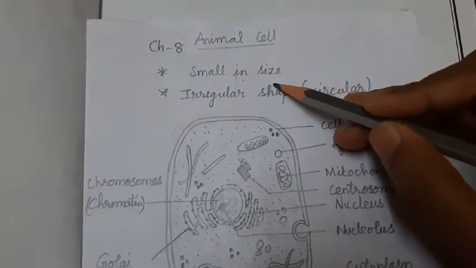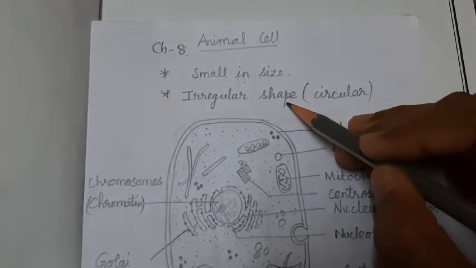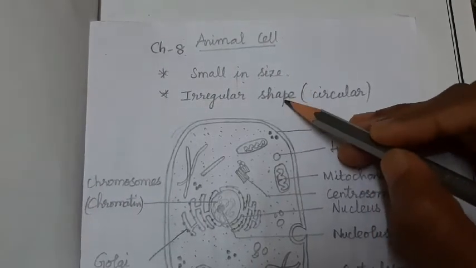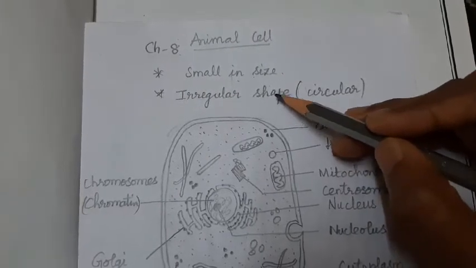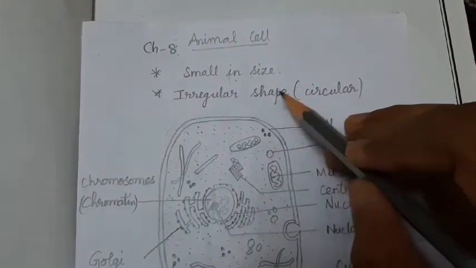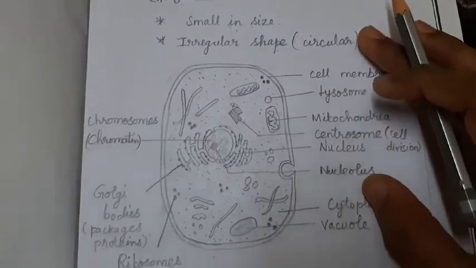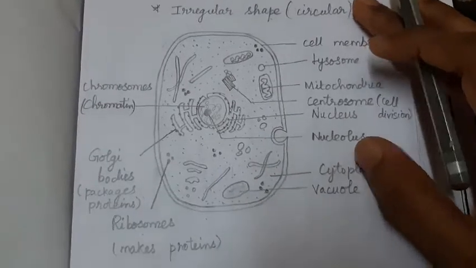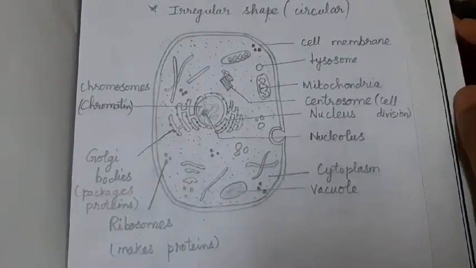Animal cell is small in size compared to your plant cell, and it does not have a definite shape. It can change to any different shapes. So it has an irregular shape, most probably in the form of a circular shape. Okay, so this is how an animal cell looks.